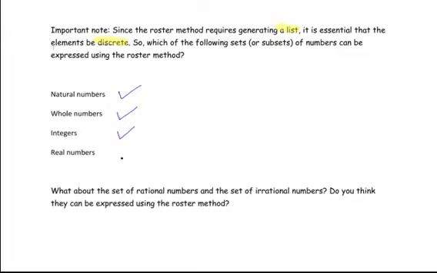Any two real numbers that we list, there is an infinite number of real numbers that lies between them. So the set of real numbers cannot be written using the roster method. What about the set of rational numbers and the set of irrational numbers? Well, I think that this is something you should think about. Do you think they can be expressed using the roster method? Why or why not?